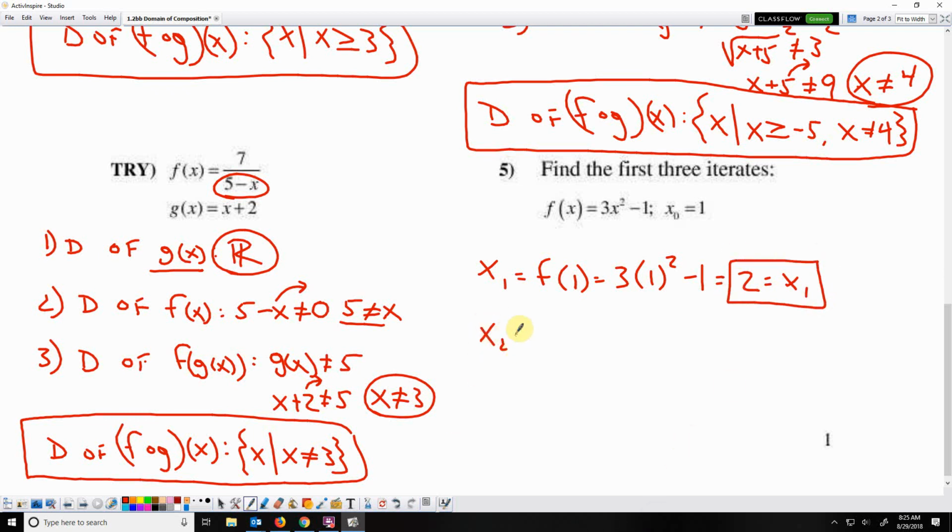So to find x sub 2, we take f of the previous iterate, which is 2. So it's 3 times 2 squared minus 1. 2 squared is 4, times 3 is 12, minus 1 is 11. So the second iterate has a value of 11.